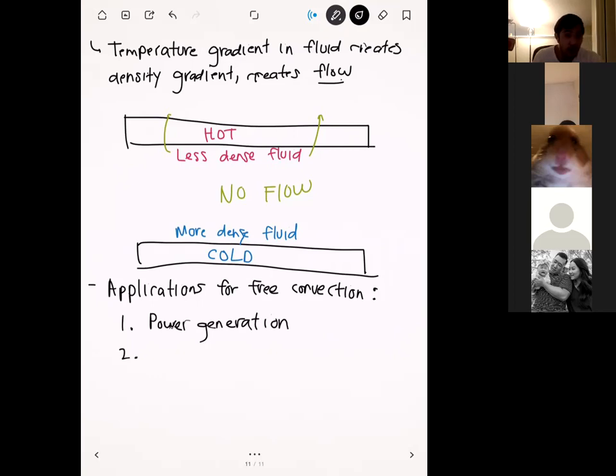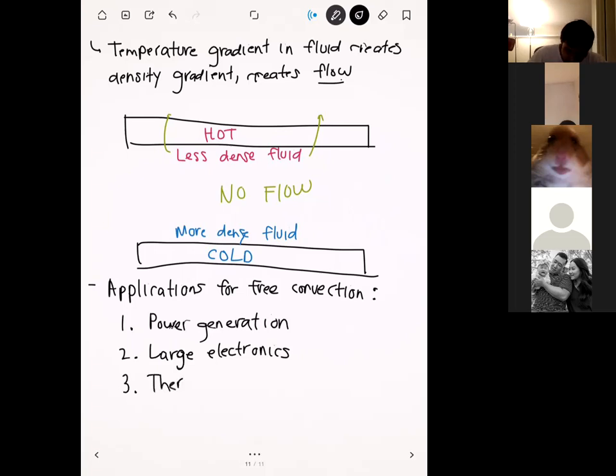Next would be very large electronic devices, things like maybe a huge server rack. So then you have a very hot server and maybe cool air on the outside that's going to generate some flow. Thermal manufacturing, right?